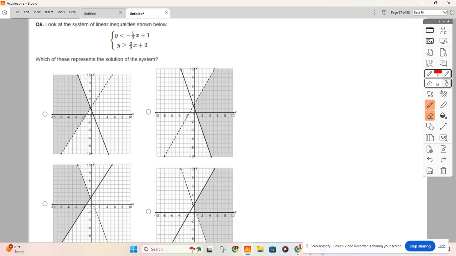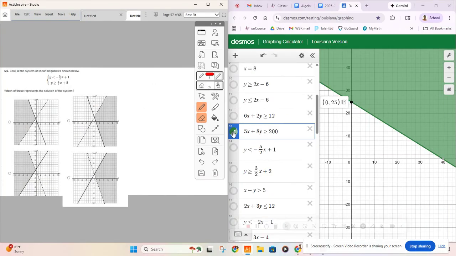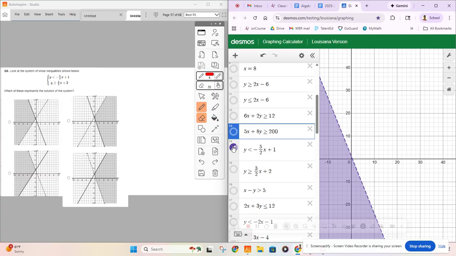All right, look at this system shown. Which of these represents the solution to the system? We're just typing it into Desmos and looking at which graph matches. The first inequality has the diagonal line coming down with a negative slope. So this can't be it because it's got a solid line.